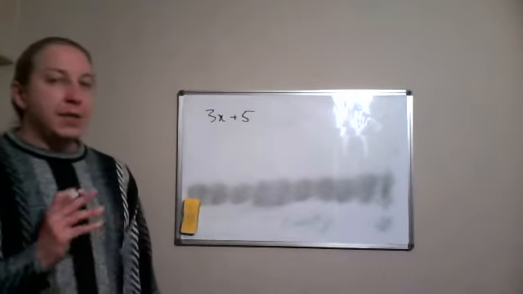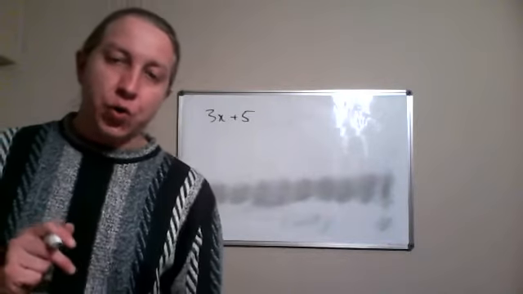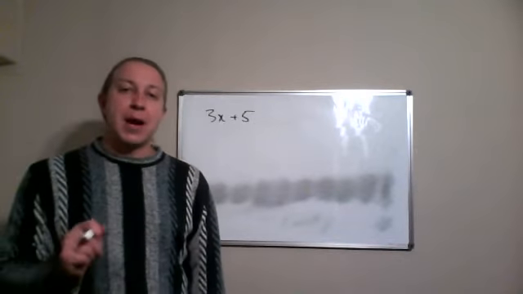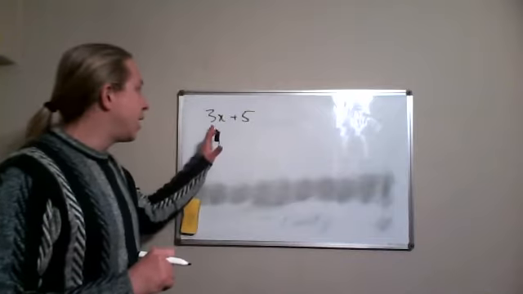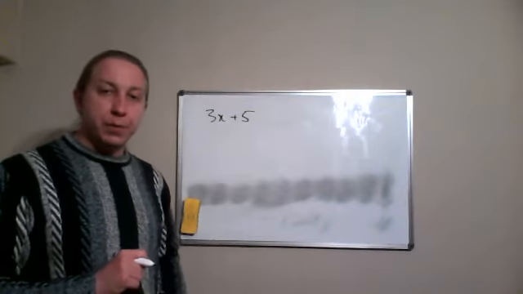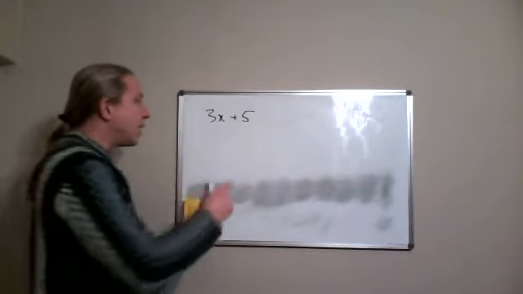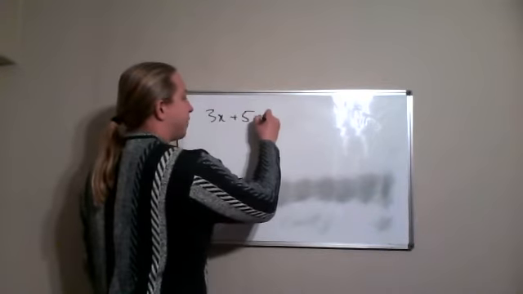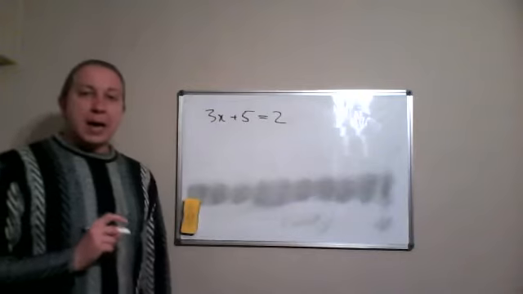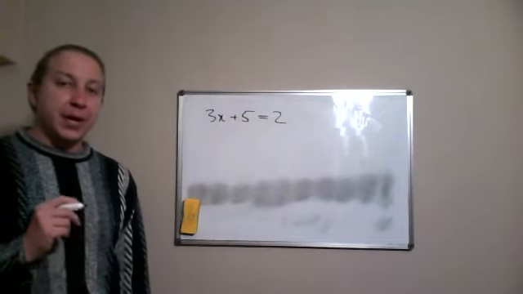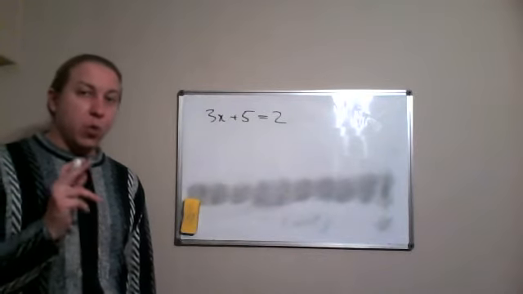Now, the terms in algebraic expressions or equations are separated by a plus or a minus. So if we look here, this has 2 terms because it is separated by a plus. Now, if I say 3x plus 5 equals 2, that is an algebraic equation. Why?